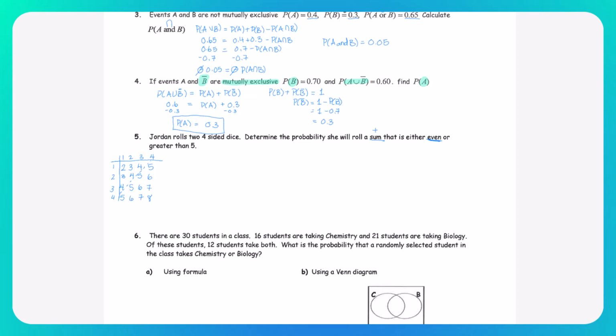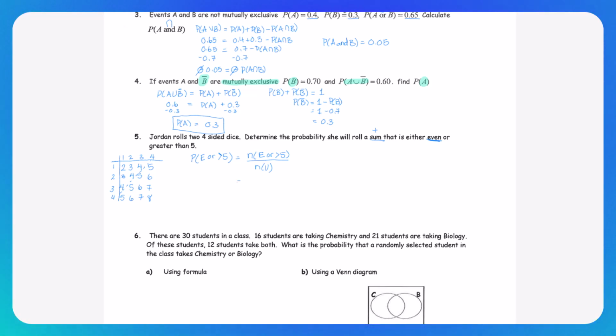Now, because we want to find the probability that something is even or greater than 5, we have to figure out the number of outcomes that are even or greater than 5 and divide them by the total number of possible outcomes for rolling 2 dice.